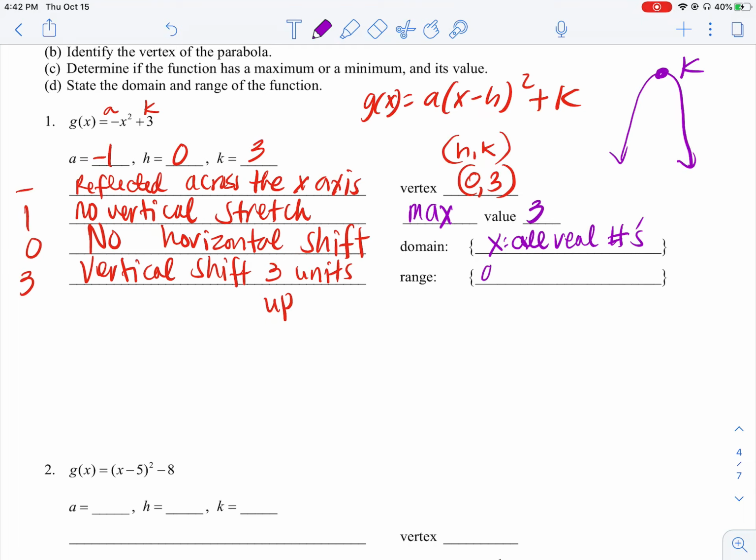For the range, we have g of x. Because I'm saying that the maximum number of this graph is positive 3, all the y values, or the range, are going to be less than or equal to that number. Okay, I hope that makes sense.